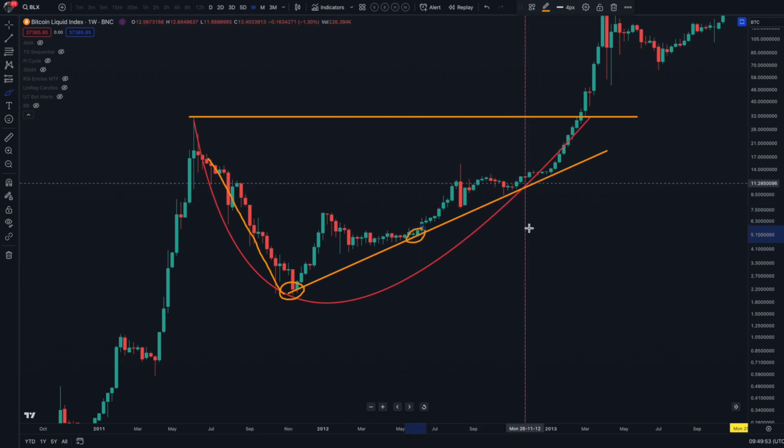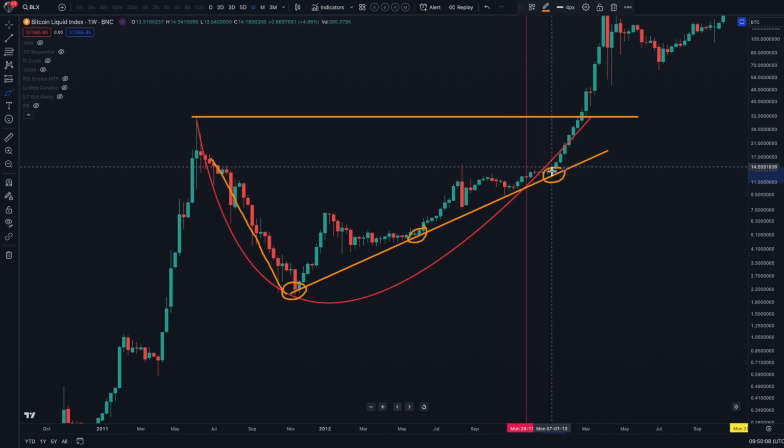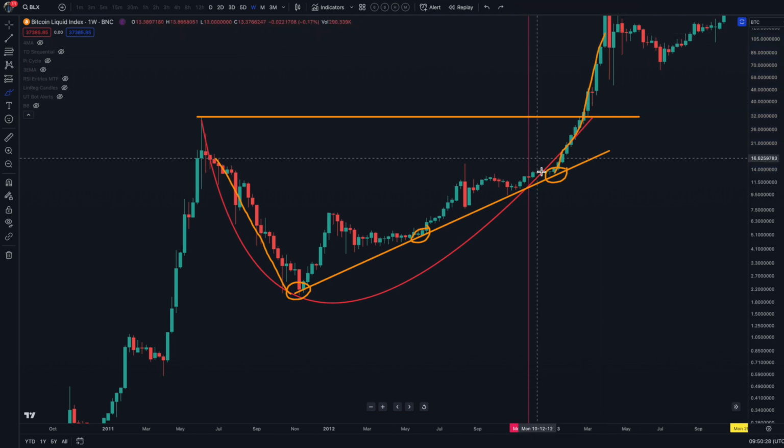Here, watch what happens after the halving, this red vertical line. After the halving, it comes and finds support on that line one more time. So this support line is giving you a clue that after the halving, price is going to find support one more time before it goes into the parabolic move. So this will be our clue when the parabolic phase is about to begin.